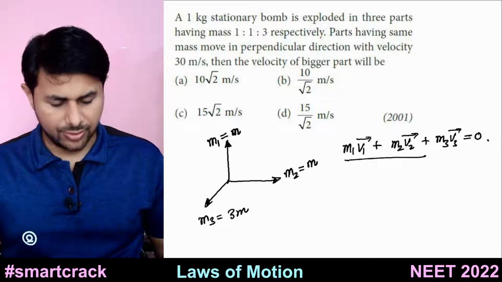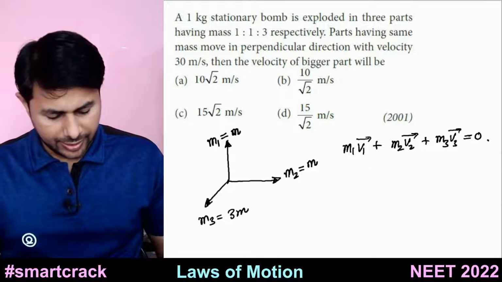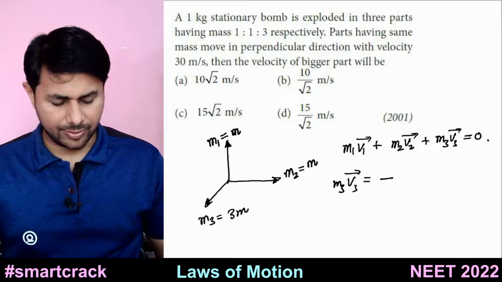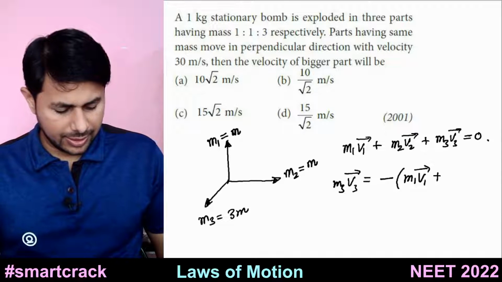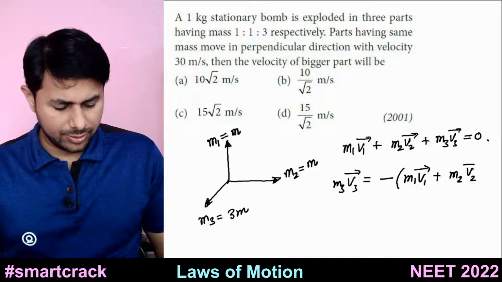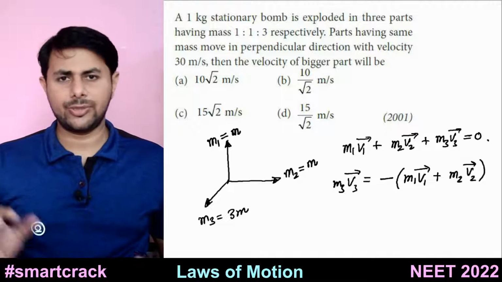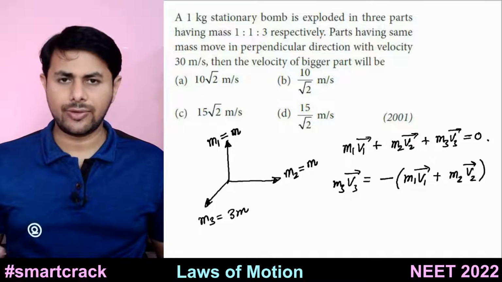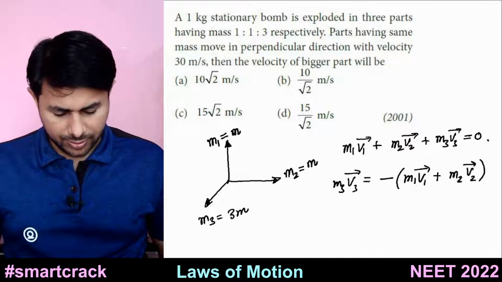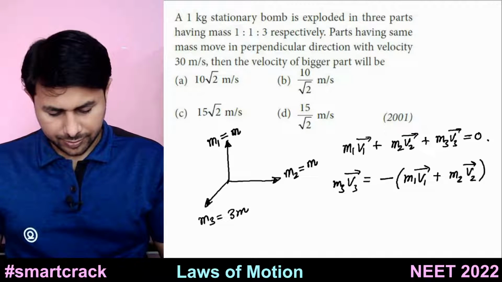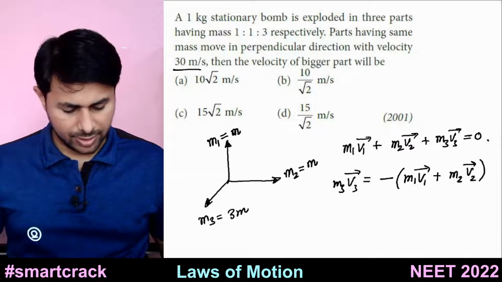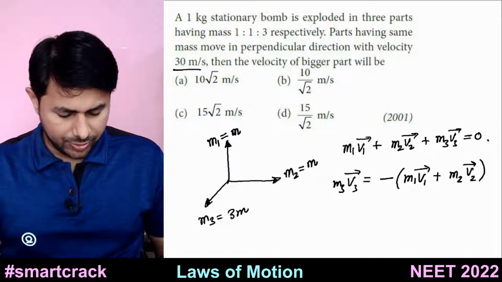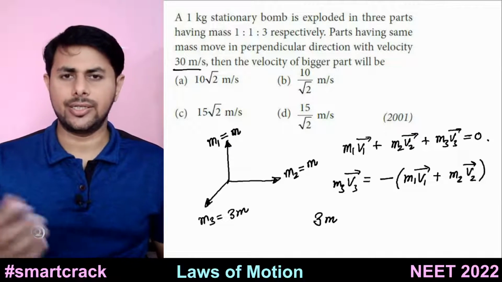So let's take these two on the other side. So we get m3 v3 bar equals minus of m1 v1 bar plus m2 v2 bar. Now let's substitute the values. So v1 and v2 is given that it's 30 meters per second. So m3 is 3 times m.